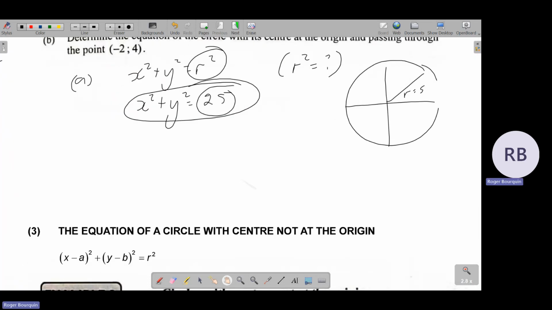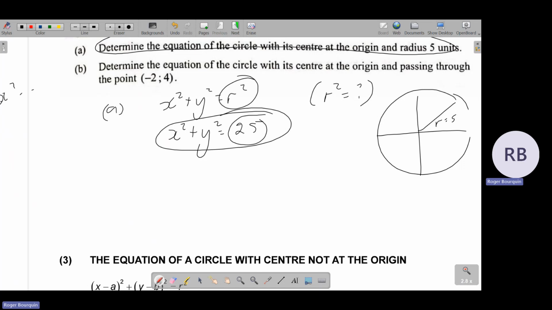Check with your neighbor. The different circle.